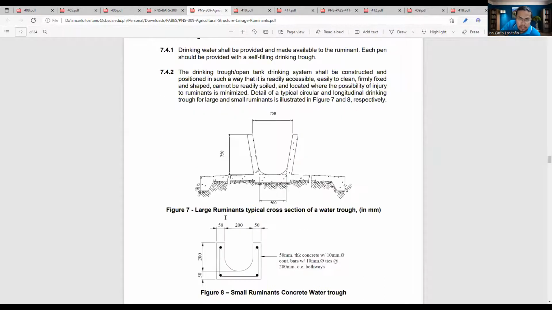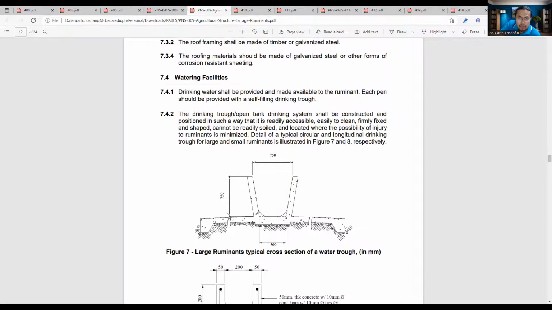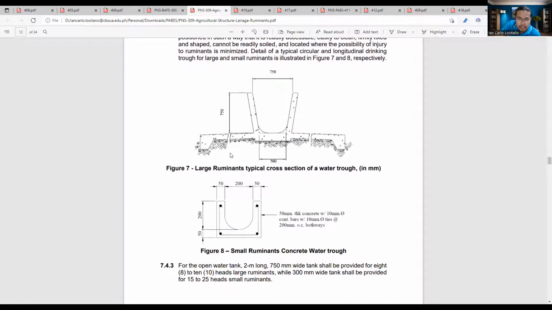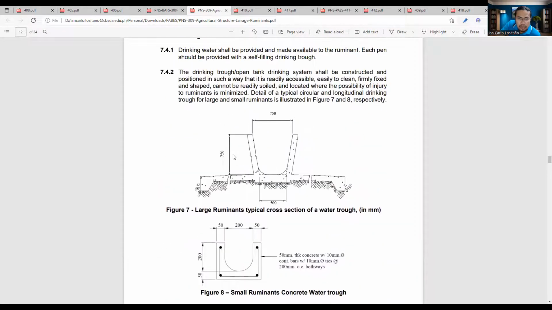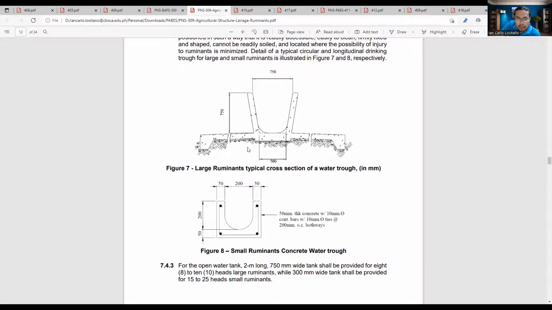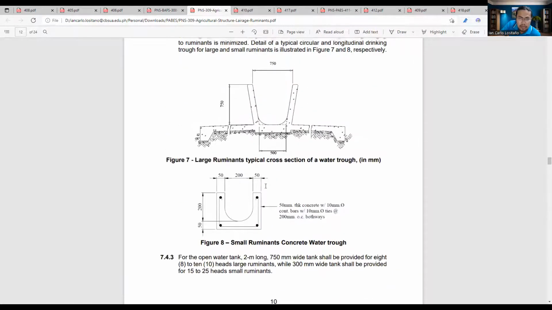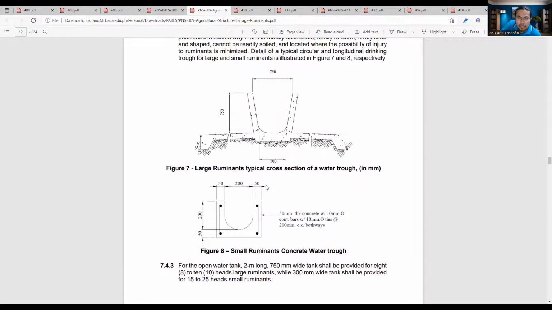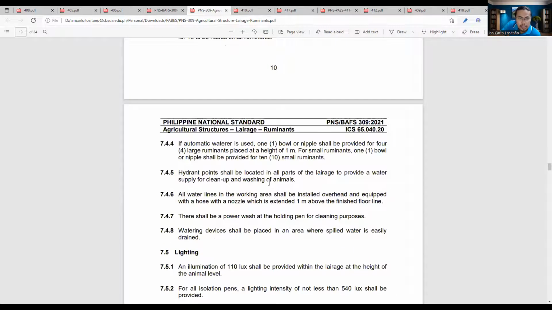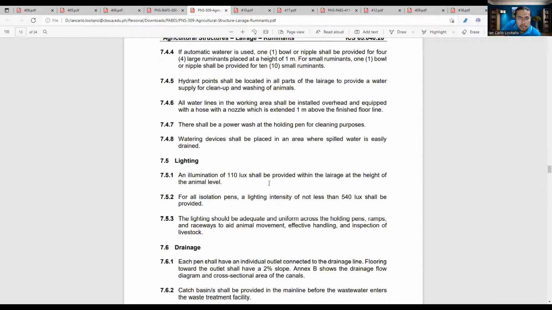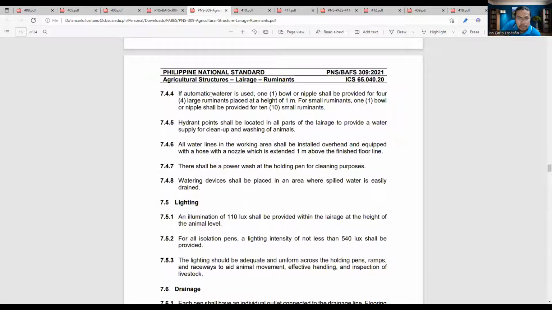And for the watering facilities for the animals, it's different for the larger ruminants. These are mandatory requirements. Similar provisions for automatic waterer and hydrant points.